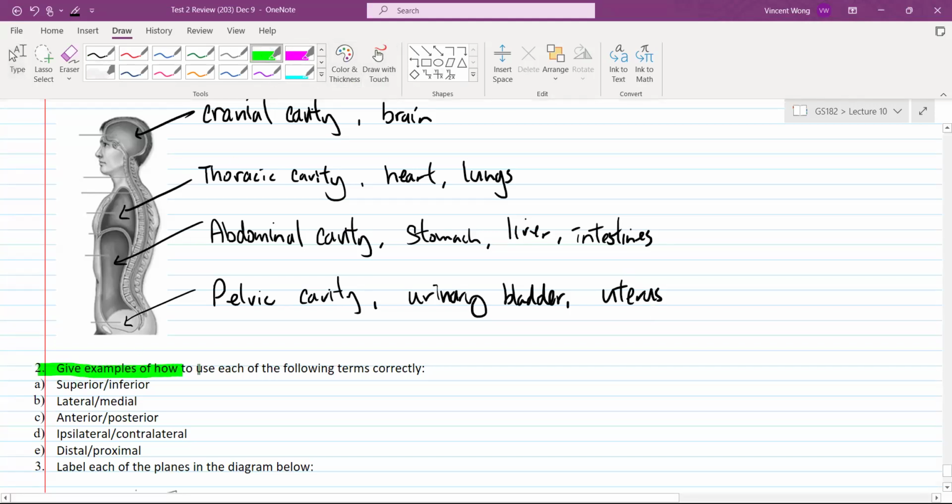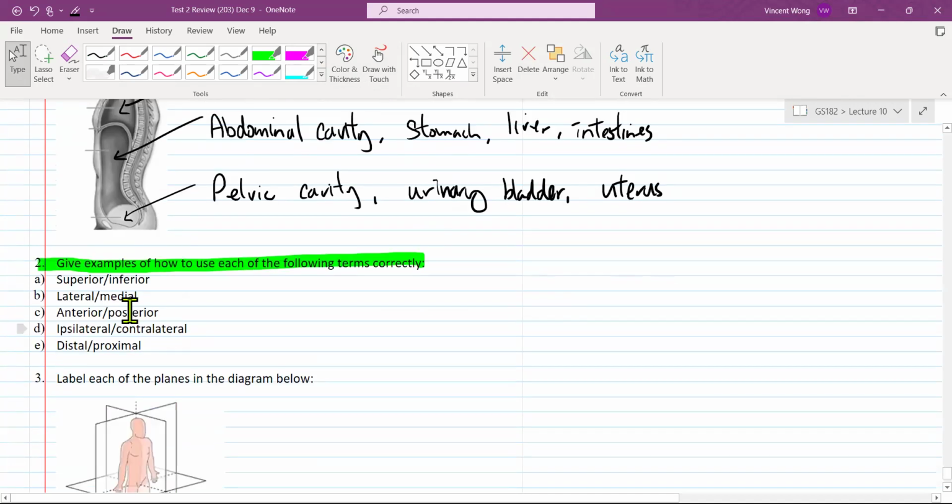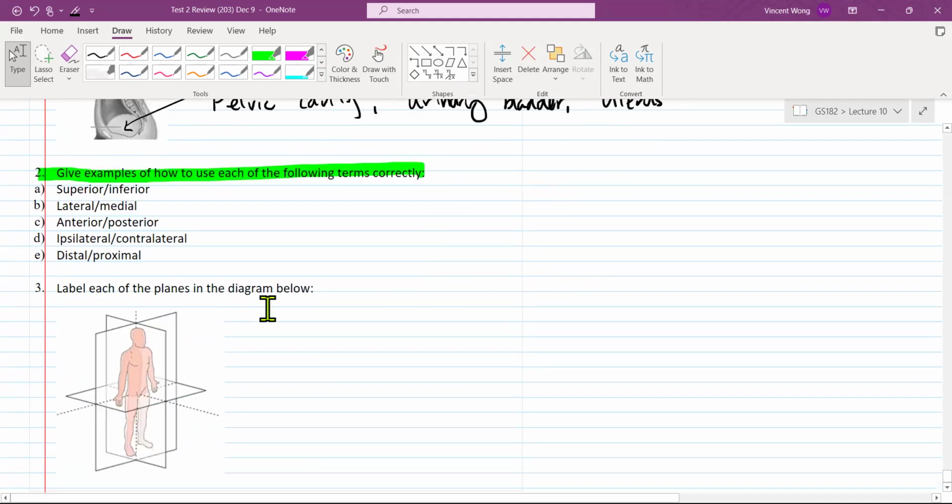Number two, we did a bunch of these things in class. Just go through all those slides again on your own, and you should be okay. On top, below, further away from the middle, closer. Just review those slides and you will be okay.